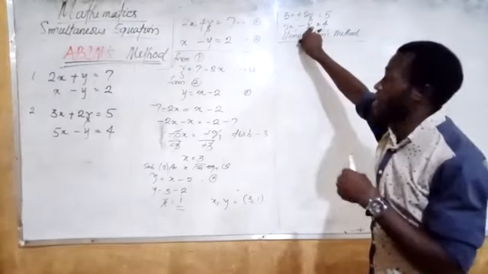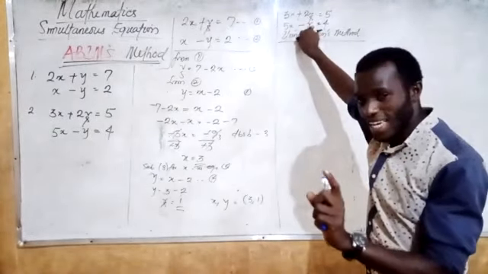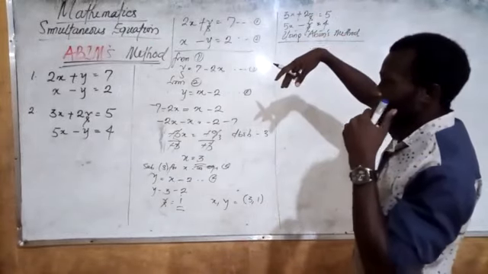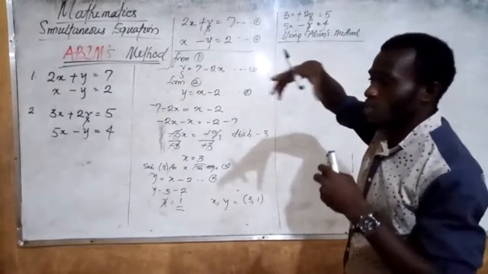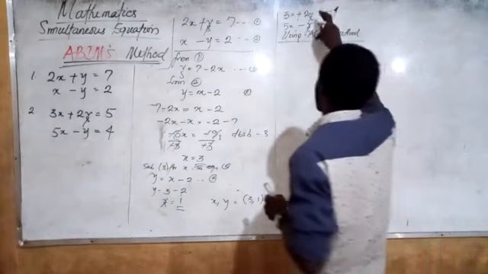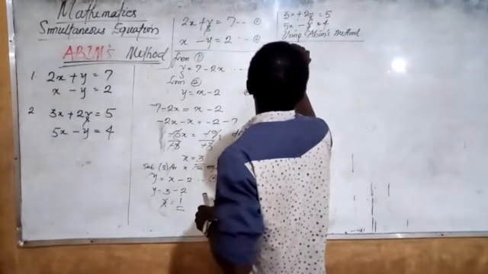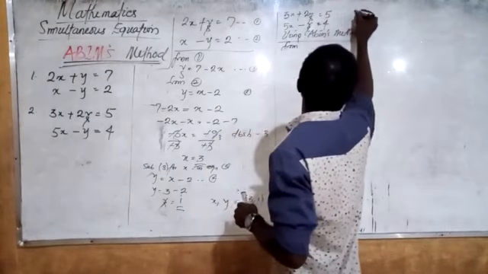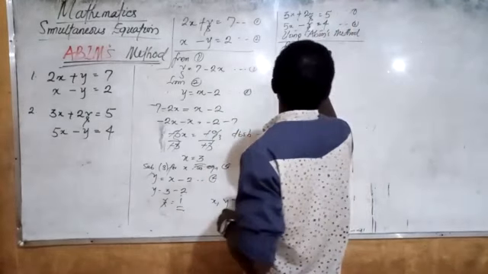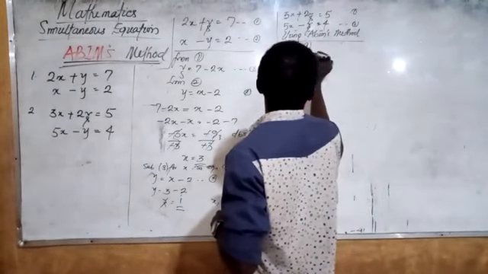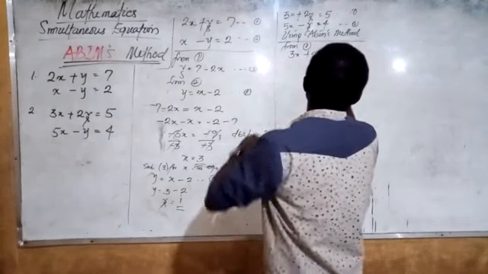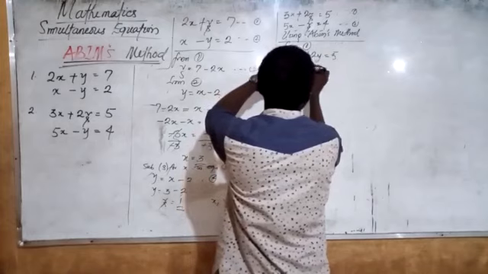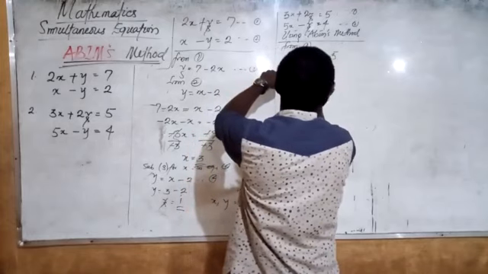You can also make x subject, you are going to get the same answer. Since y is usually used to denote the function, let's make y subject. So this is 1 and this is 2. From 1, 3x plus 2y equals 5. If you make y subject, we are going to have y equals 5 minus 3x over 2.